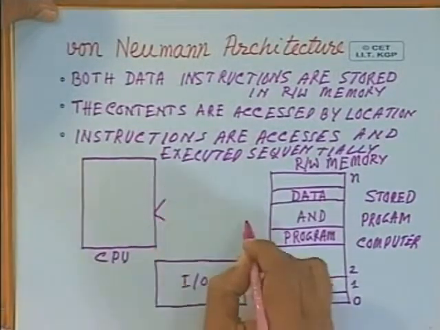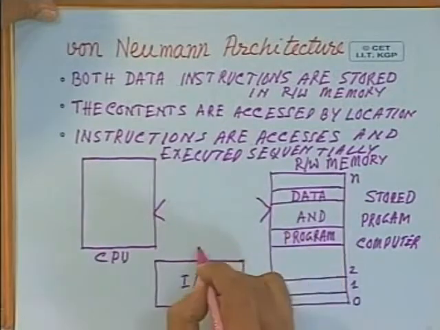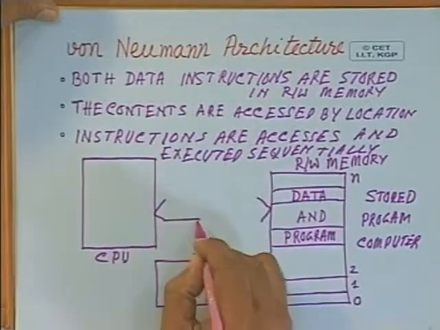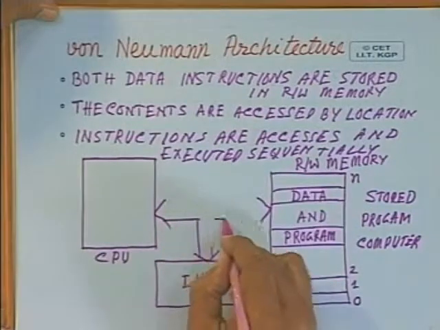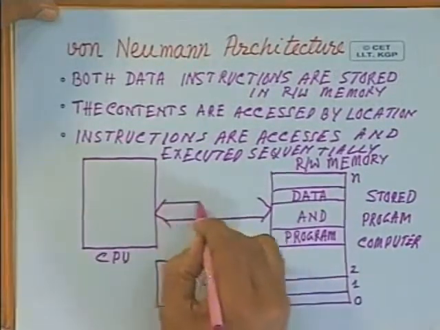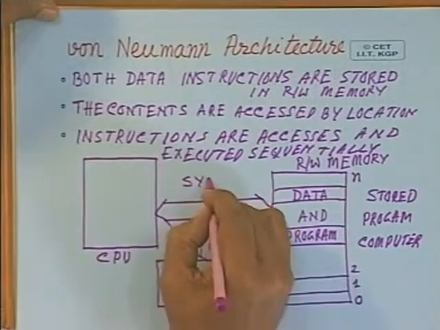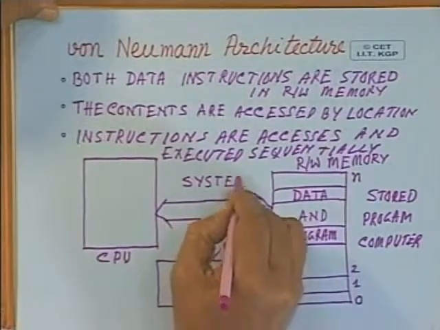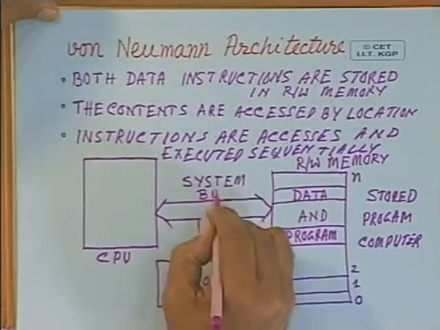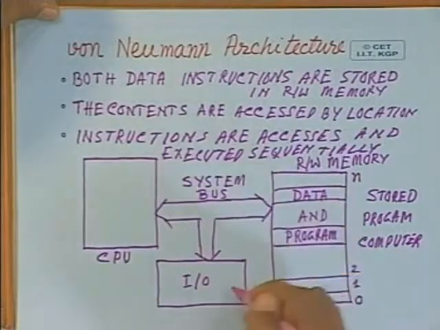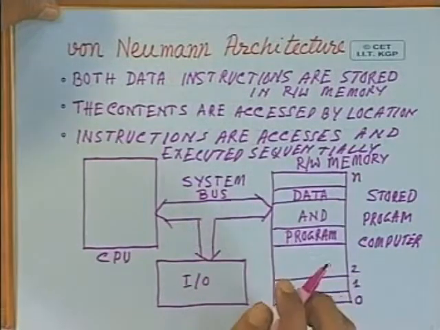The CPU, memory, and I/O devices are interconnected with the help of what is known as the system bus. This is your system bus through which both memory and input-output devices are interfaced.